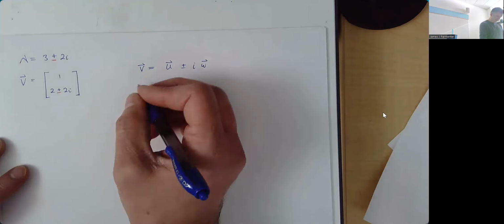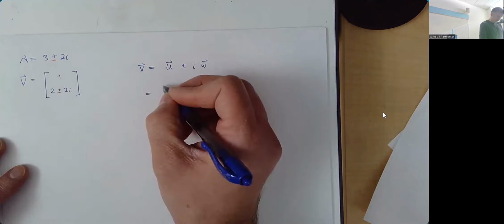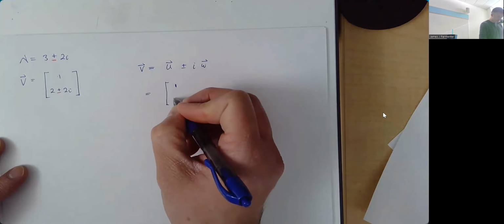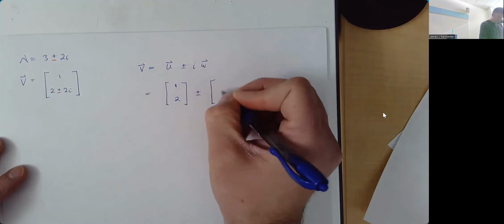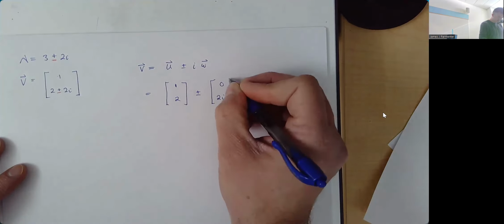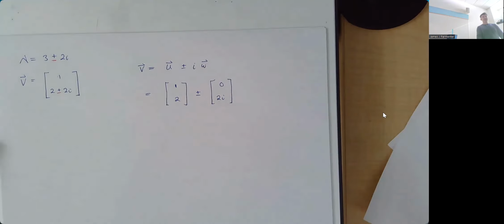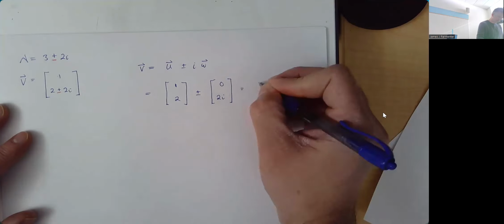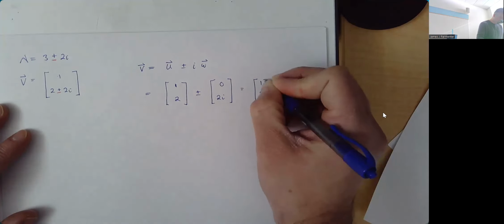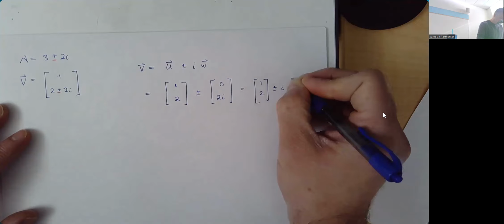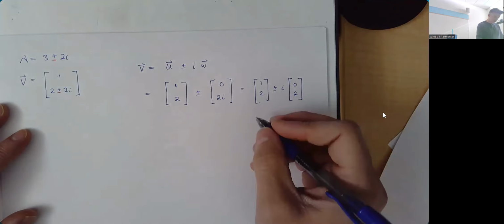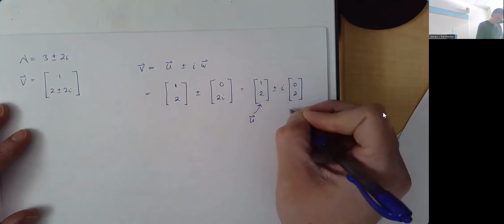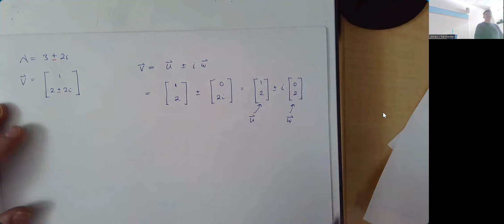I'm going to write my vector v as the real part, 1, 2, plus or minus 0, 2i. I wrote the i in there because it was easier for me to break it apart that way, but the technically correct way of writing this would be 1, 2 plus or minus i times 0, 2. So 1, 2 is my U vector, 0, 2 is my W vector.